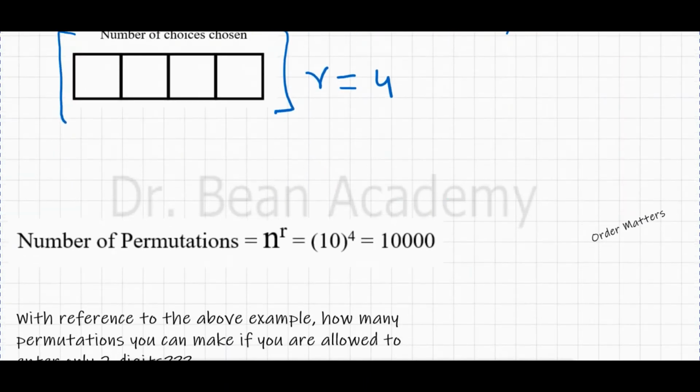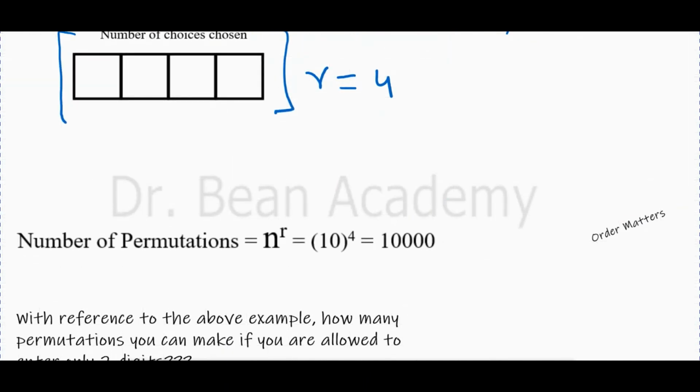I will just use the formula n to the power r. It means n is 10, r is 4, and the answer is 10,000. So you can make 10,000 permutations with your mobile phone under the given conditions. So if I steal your mobile phone and it is locked and I want to open it, I have to try 10,000 times to unlock your phone.